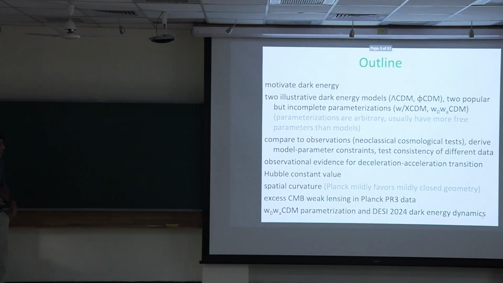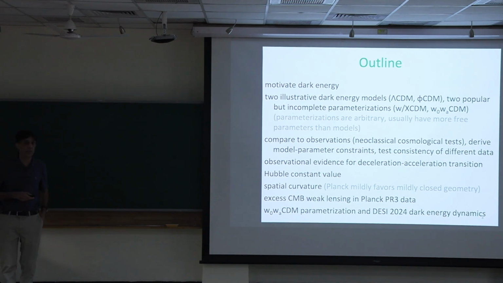So what I'm going to do is try to motivate this dark energy, and then look at two physically based models: the cosmological constant with cold dark matter, and the dynamical scalar field with cold dark matter. A lot of data analysis is done with parameterizations that are easier to use.